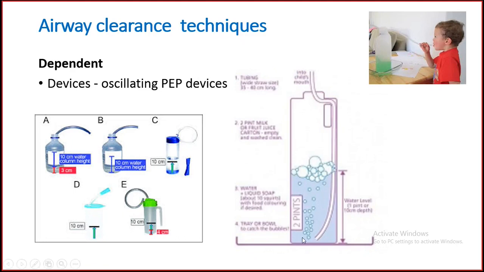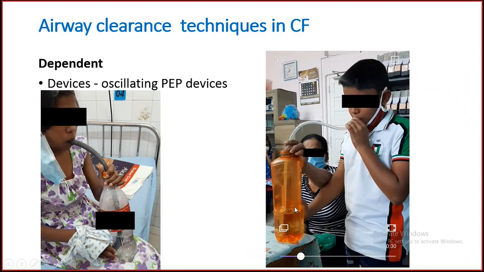And while blowing, it produces bubbles. This bubbling causes some sort of vibration, oscillating waves, and that is transmitted to the lung, and so almost similar effect as used in the PEP device, or the oscillating PEP or Acapella device. So in our setup also we are using this. See, this is a very simple machine. Once they are used to doing this, no need to use the soap water.